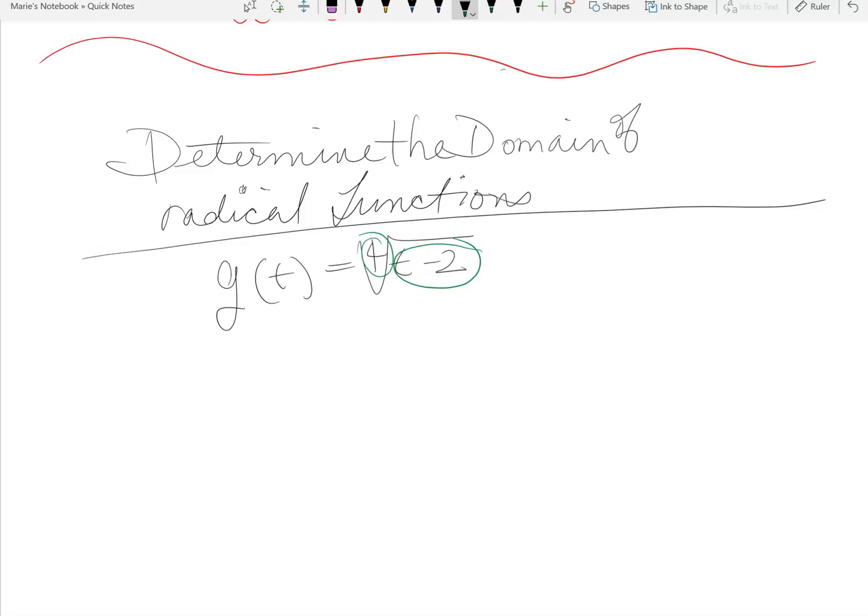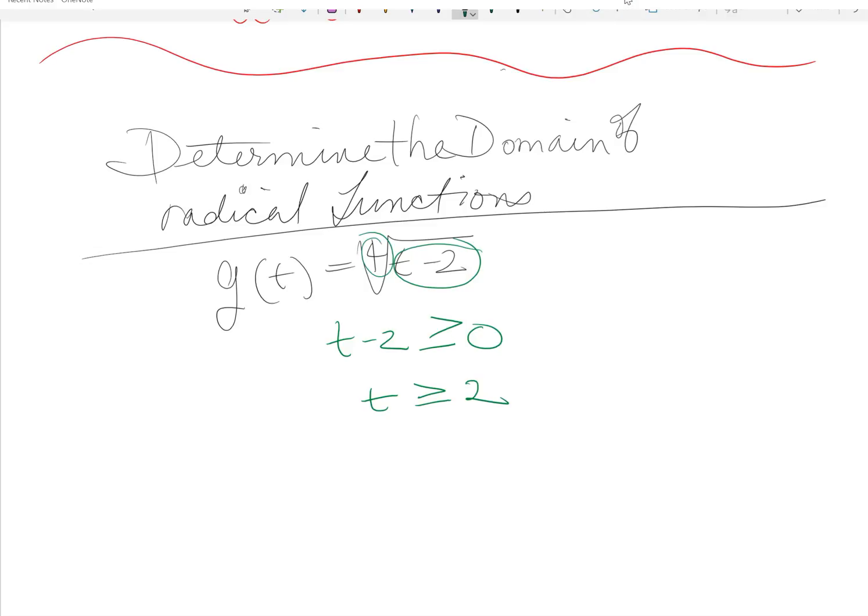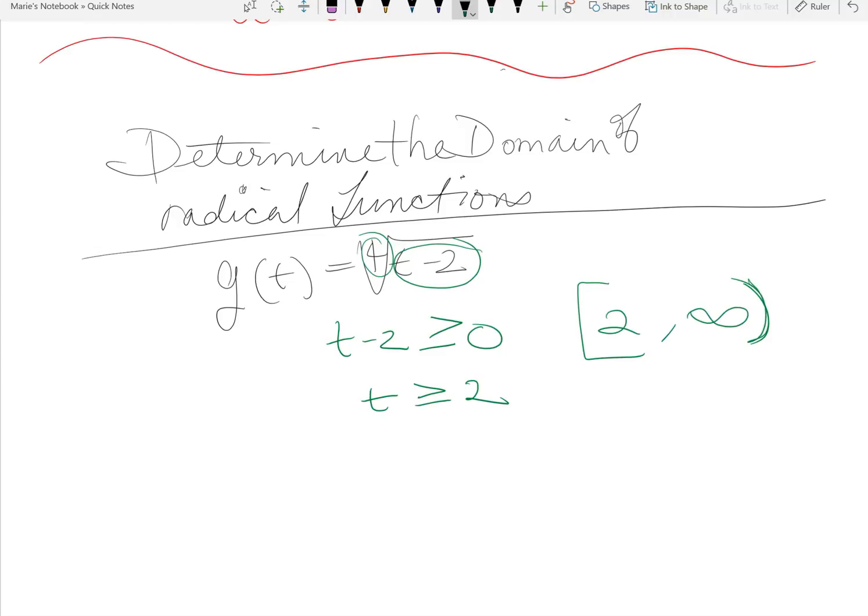Because it's an even root, it can never be negative. So if I have t minus 2, that value has to be greater than or equal to 0. So t always has to be a number greater than or equal to 2. So my domain in interval notation is simply going to be 2 comma infinity. Remember, infinity is always a parentheses closure.